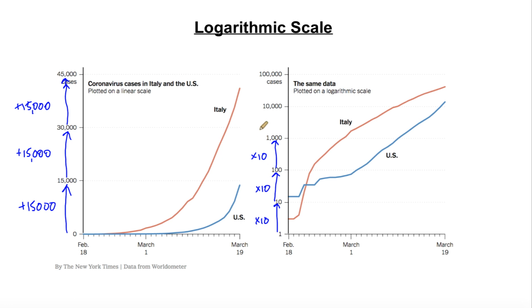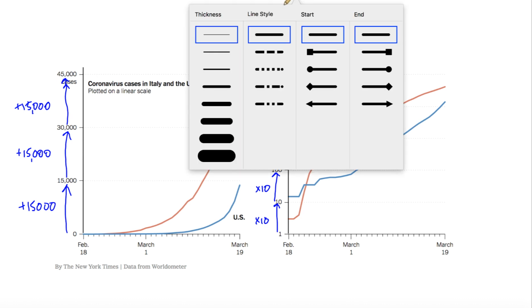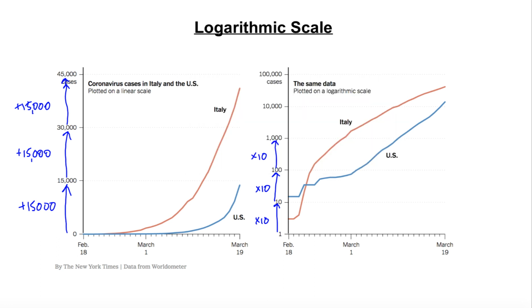Okay? Just to prove to you that these two graphs do represent the same information, we'll take a random point to illustrate. Let's go over to this logarithmic scale and take this random point here. If I drop a line down from here until I hit the x-axis, what is this line telling me?